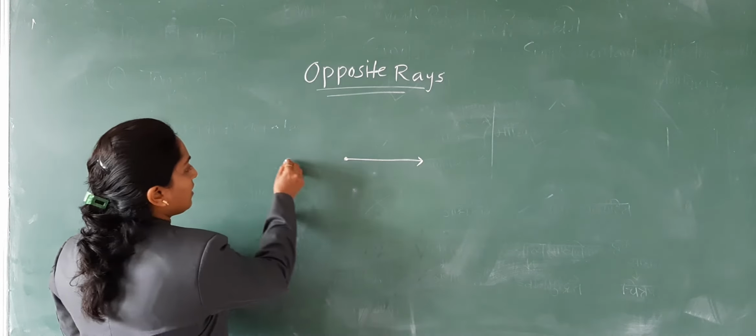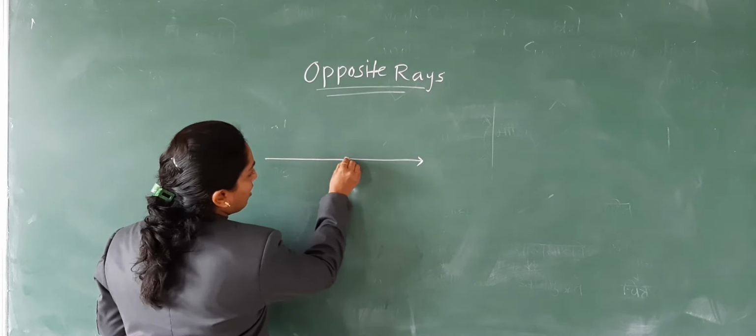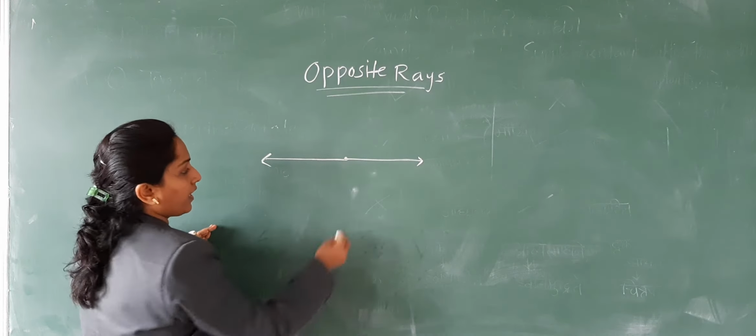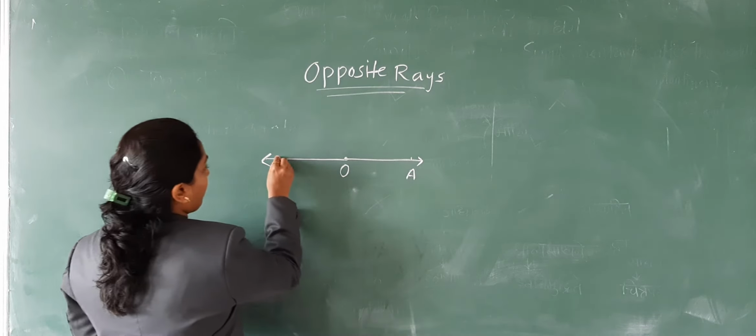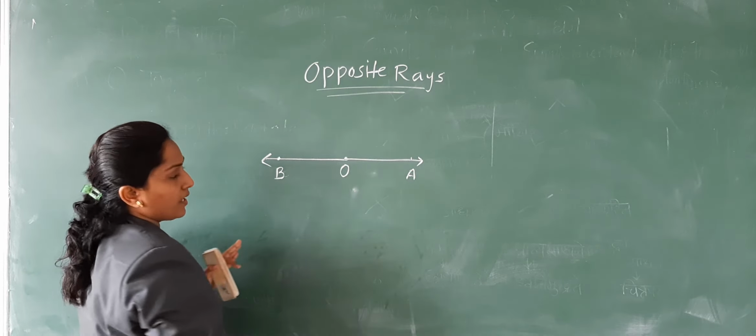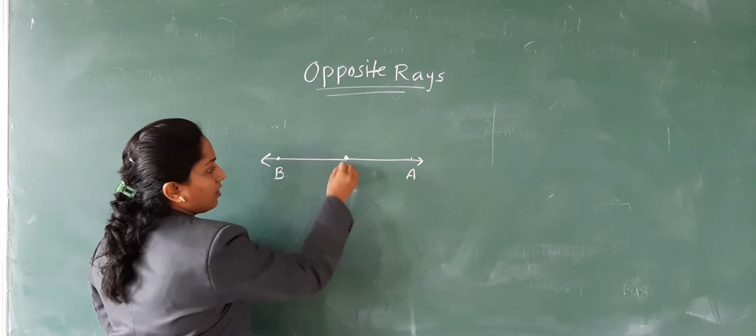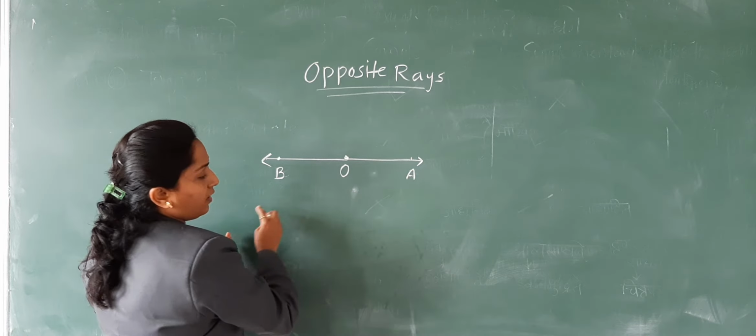Suppose I draw one more ray. I will name them OA and OB. There are two rays OA and OB.